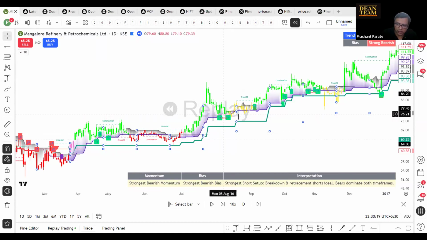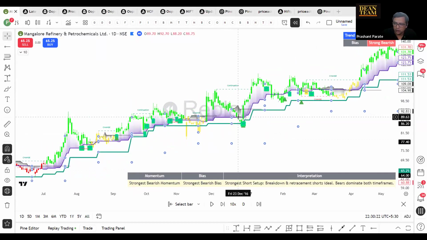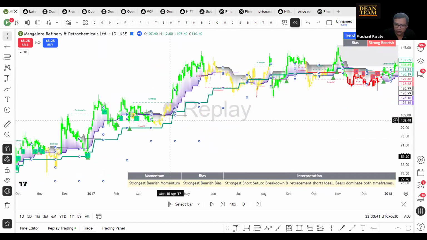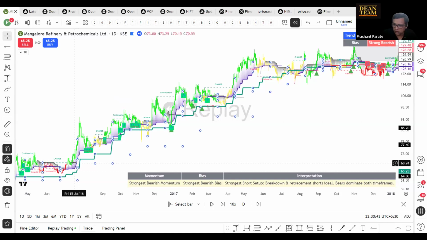So this is our entry, and we exit when the color changes to red and candles close below all the bands, either here or in this location where prices are closing below all the bands and the color is yellow. How much is this? Around 117, and our entry is around 68. So almost a 100% move.